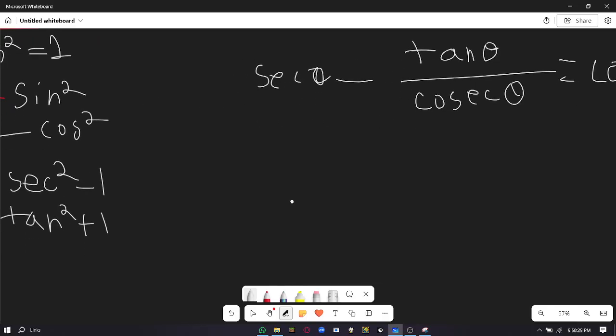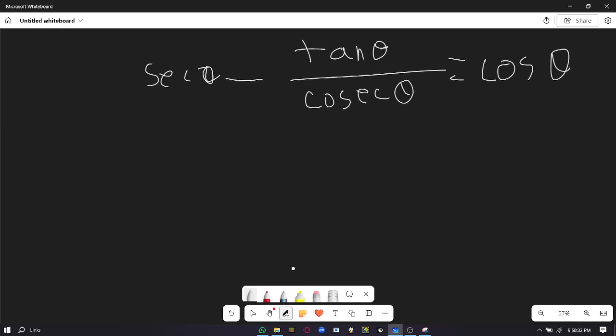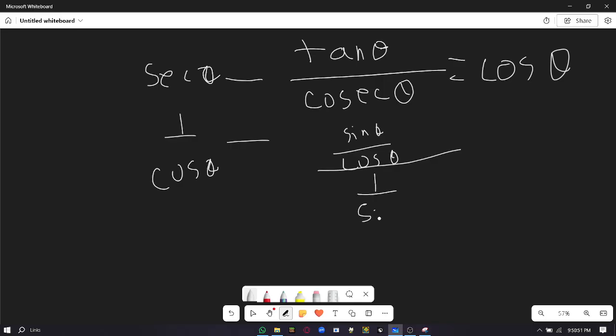First, let's break stuff down into simple forms. Secant is just 1 over cosine, right? Tangent is sine theta by cosine theta. Cosecant is just 1 over sine theta.